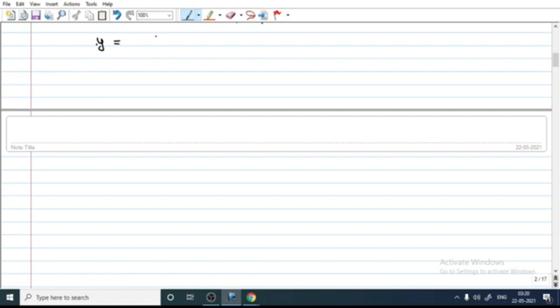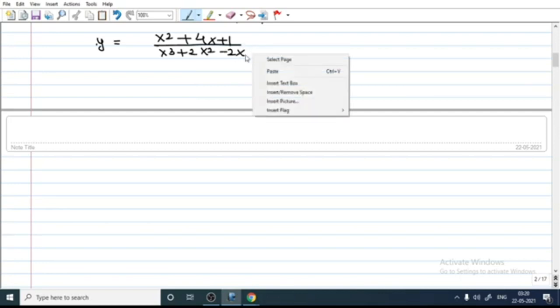So it was x square plus 4x plus 1 the whole upon x cube plus 2x square minus x minus 2.